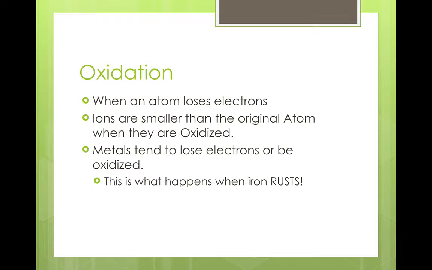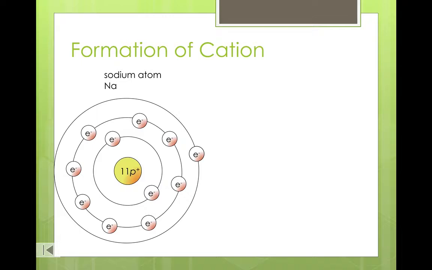He combines with oxygen, who desperately wants to take those electrons, and they make this wonderful compound called iron oxide. That is rust, that red stuff that builds up on steel, on iron. So it's an actual new compound. And this whole process of losing electrons is called oxidation. The opposite of this is reduction.